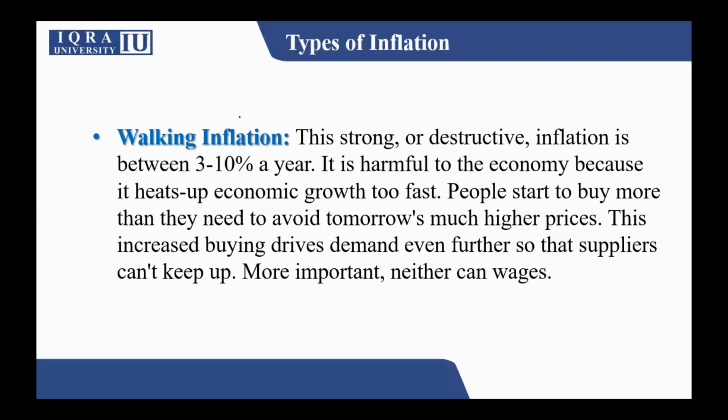As a result, common goods and services are priced out of the reach of most people, and they are unable to buy at those higher prices, which go higher and higher. And at that time, usually unemployment starts rising because there are lots of layoffs, because suppliers are unable to supply goods at higher prices because demand has wiped out.